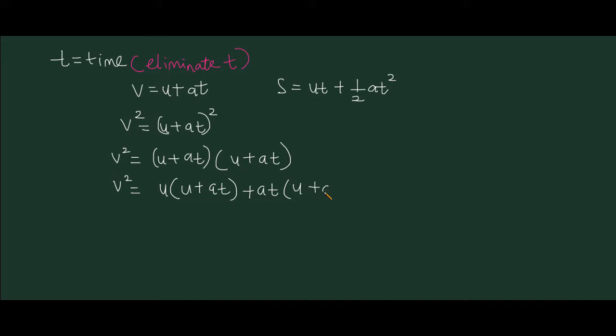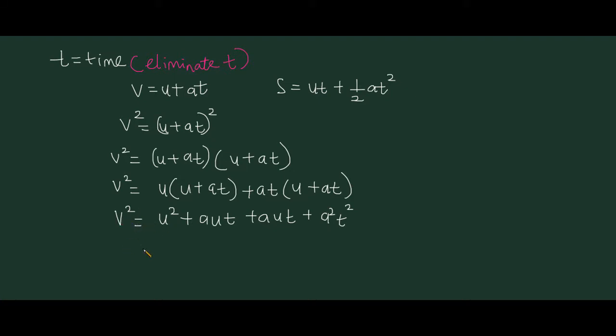Solving this further, we have u squared, u multiplied by u, plus aut, plus aut, plus a squared t squared, because a multiplied by a is a squared, t multiplied by t is t squared.